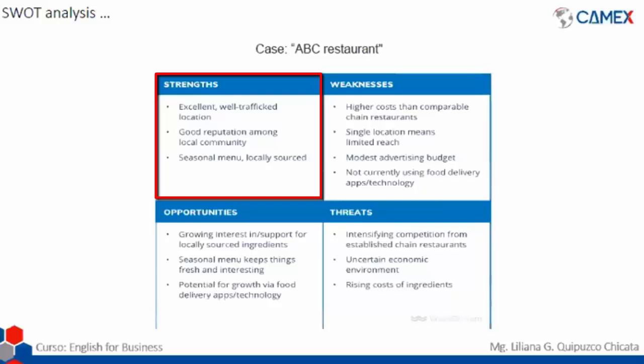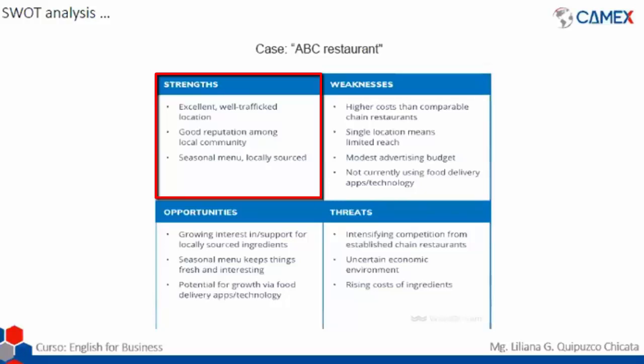Or for example, if we are in season of conchas negras, it will be a really nice main course or maybe an appetizer for our menu. It will be seasonal and it will be locally sourced because we will be buying it from inside Peru. We will not have to import the product from another country.